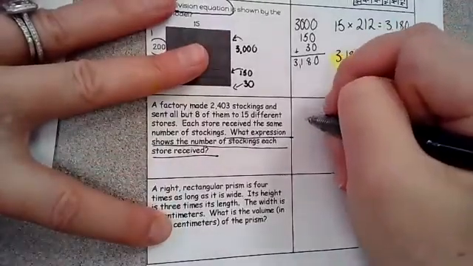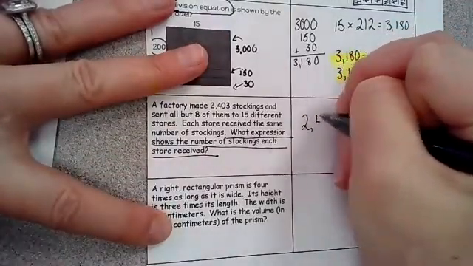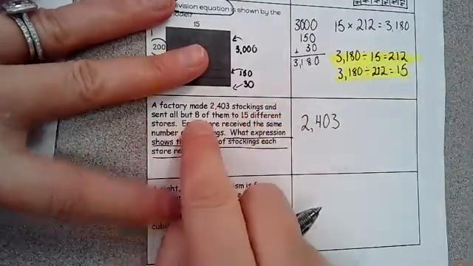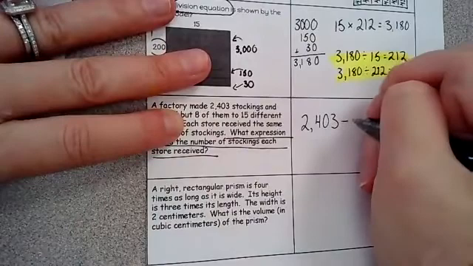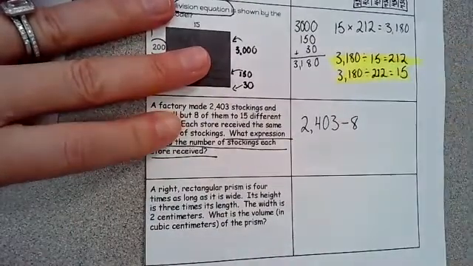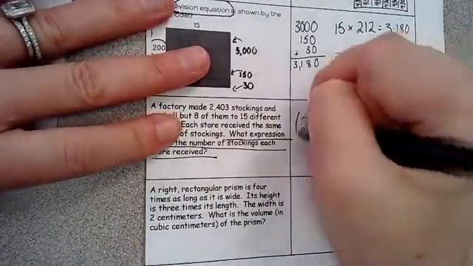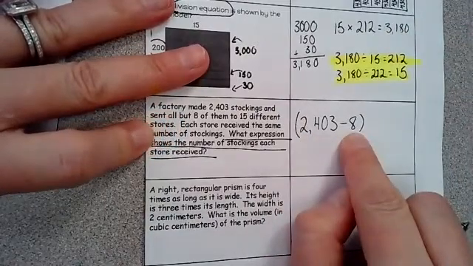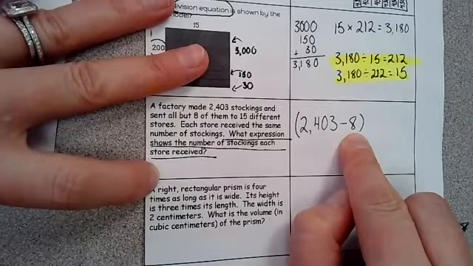So we started off with 2,403. And it says they sent all but 8 of them. So you have to subtract out the 8 they did not send out. So you're going to do that first. So take your total and subtract out the 8 that they did not send out to stores.